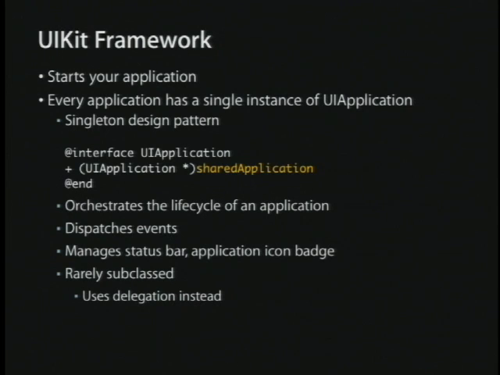So the UIKit framework is involved in several parts of your application. It's involved in starting your application. In fact, your application comes from UIKit. It's called the UIApplication class. And that's what gets started when your app is initialized. UIApplication is a singleton design pattern, which means when you run your application, there's only one instance of UIApplication, and you can always get to it from anywhere in your application.